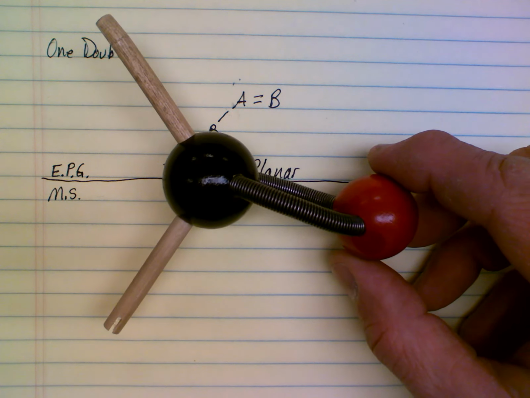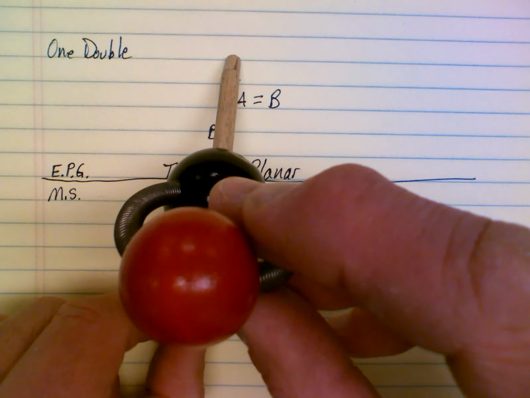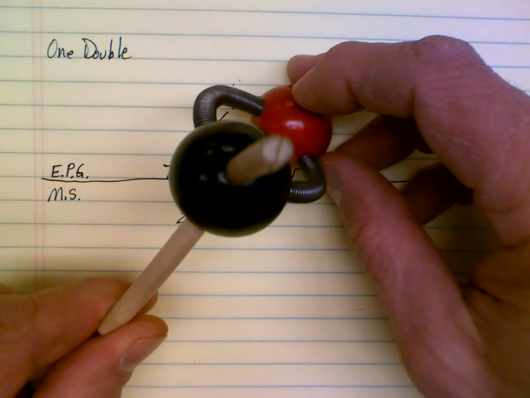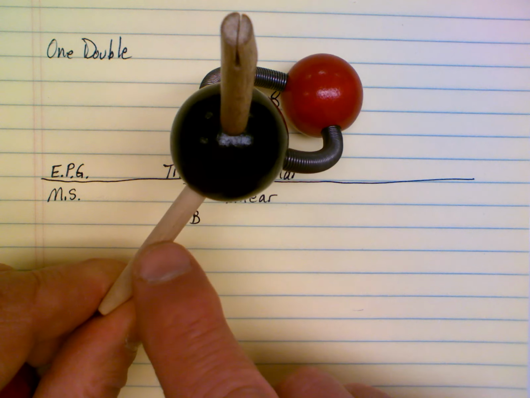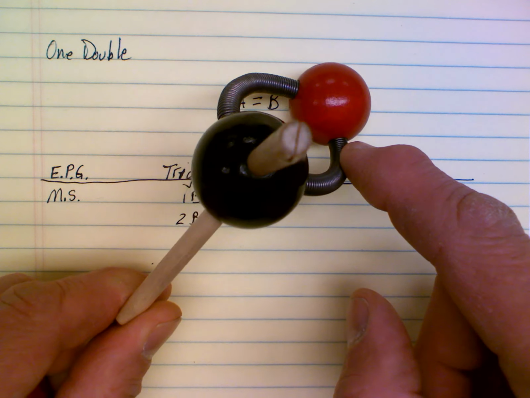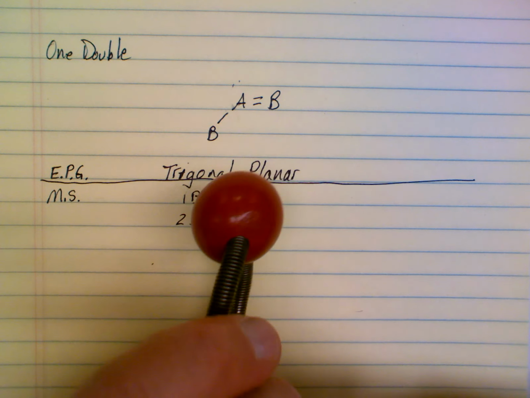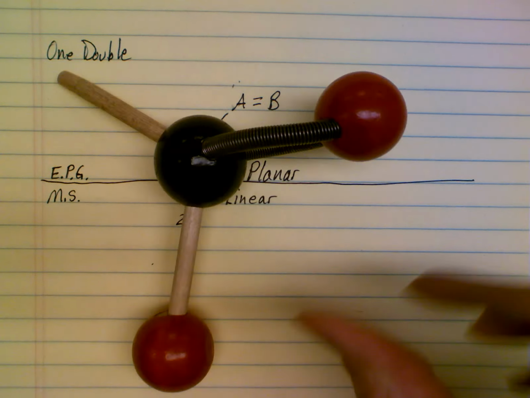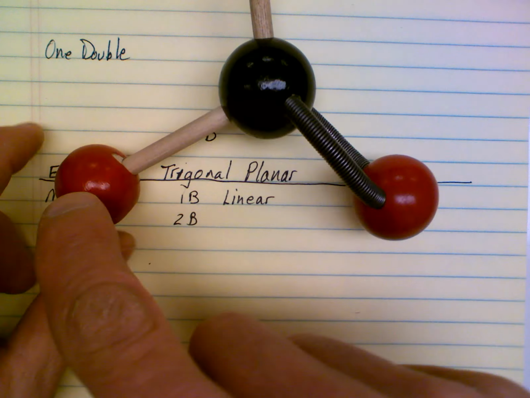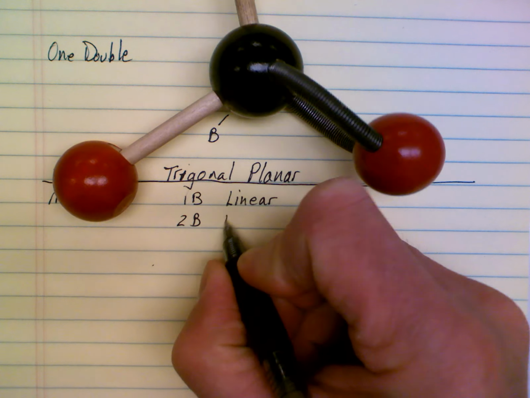And if we add a second B atom to this, now keep in mind that these electron pairs are all kind of falling into one plane. In other words, this pair, and the double bond back here, are all falling into one plane. So now we add that second B atom to this, and if you look at these three atoms alone, we can see it's a bent configuration here.